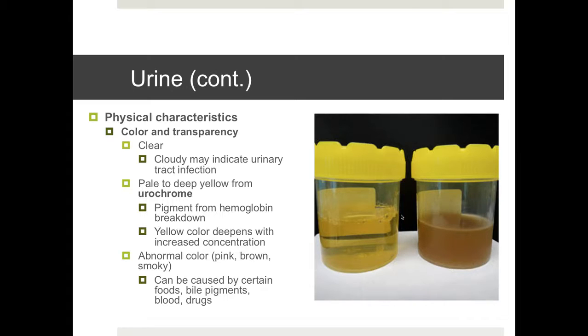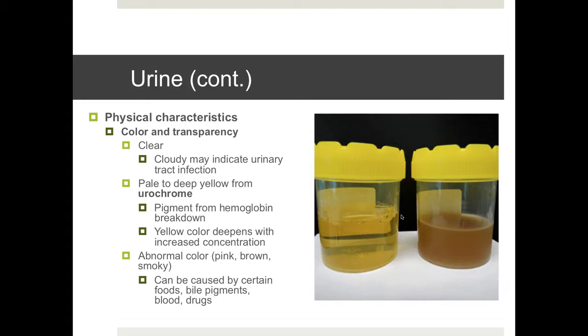So urochrome is a pigment from hemoglobin breakdown, and that yellow color is going to deepen with increased concentration, which is why we get an orangey or very bright yellow when we have high concentration of solutes.